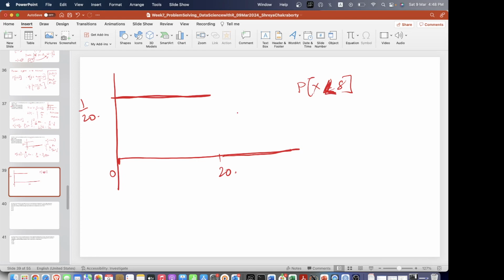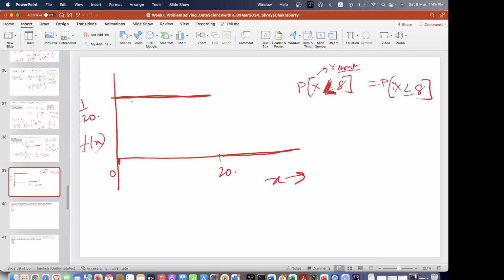One more thing is, since x is continuous, probability x less than 8 is the same as probability x less than or equal to 8, because individual point probabilities are 0. Now x less than or equal to 8 means, along your x axis is x, along your y axis is your PDF fx.